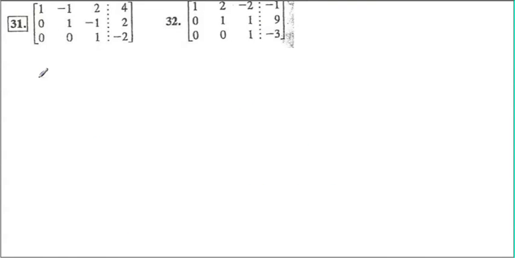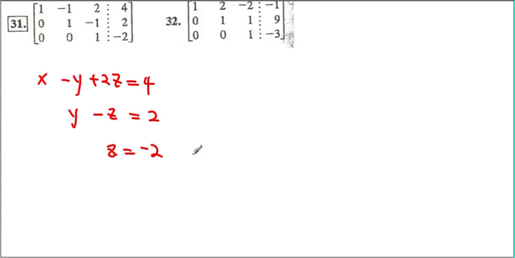Same thing here, we have x minus y plus 2z is equal to 4. And here, y minus z is equal to 2, while z is equal to negative 2. That means when you plug in negative 2 for z, we get y minus negative 2 equal to 2.